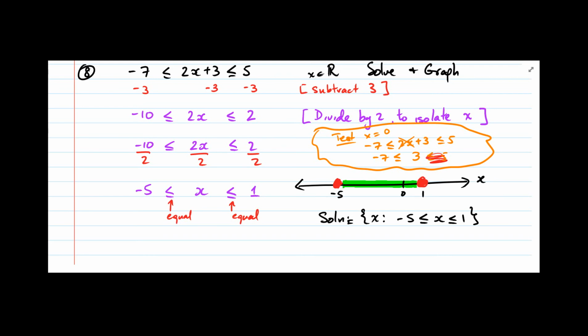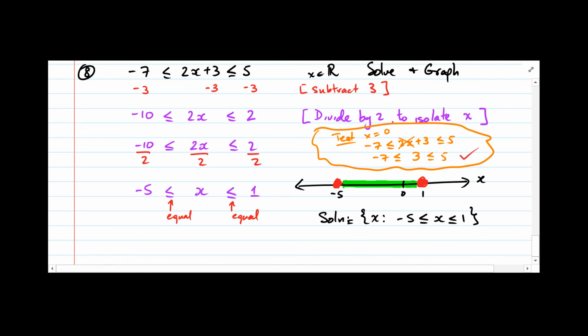Alright, however, if I now cover this part, I would see that 3 is less than or equal to 5 is also a true statement. Hence, the entire thing is true.